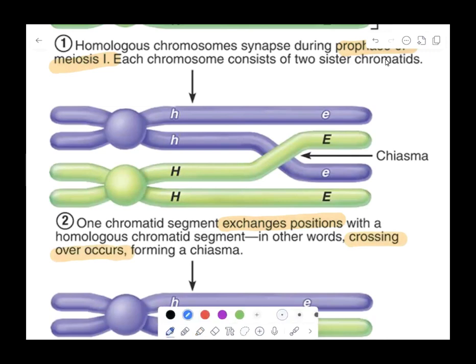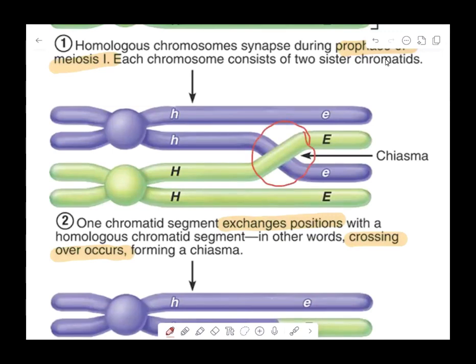The point of crossing over is specifically happening right here. What we're going to see on the next step is an exchange between these different alleles, one for hair color, one for eye color.